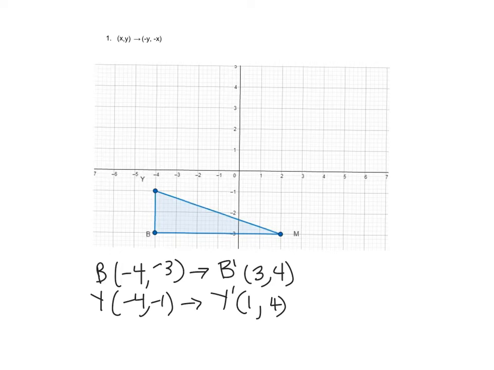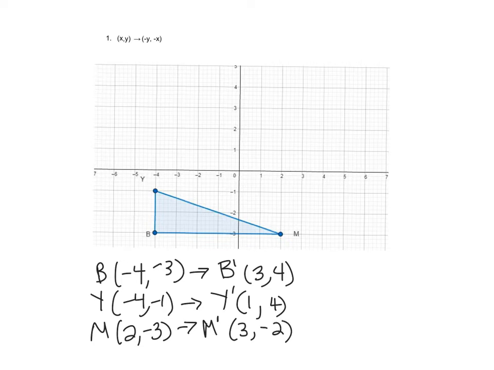And then let's see, what do we have left? The M point, the pre-image was 2 comma -3. Its image, which would be M prime, would be take the y and negate it, so 3, take the x and negate it, -2.